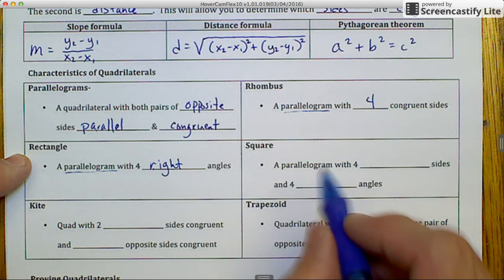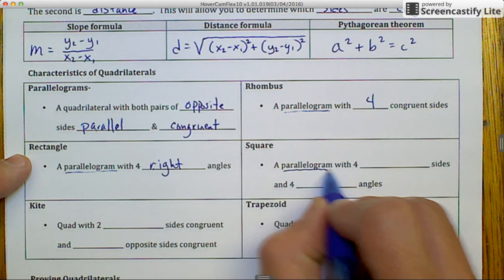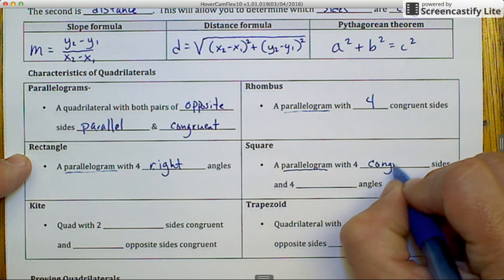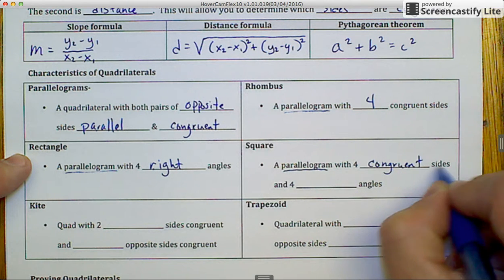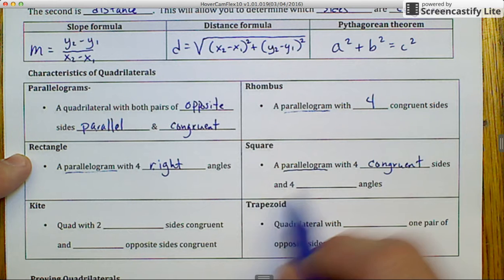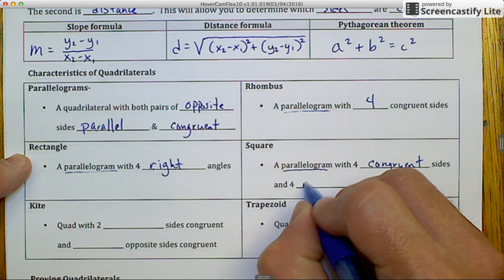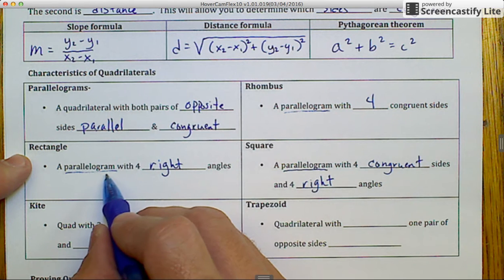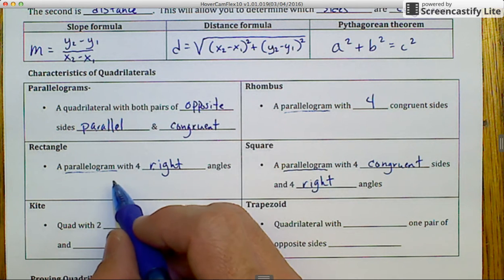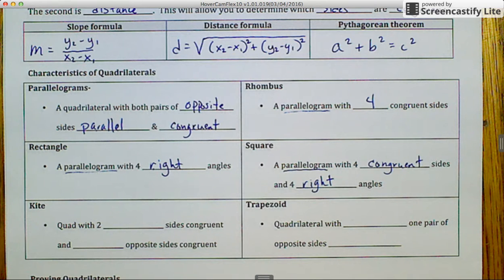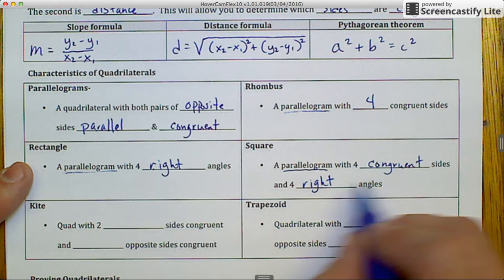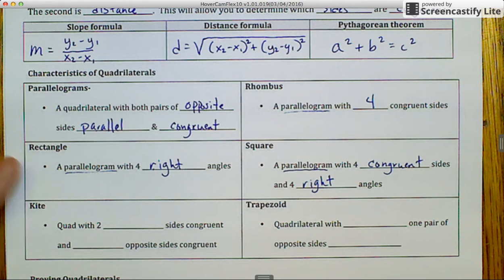A square is a parallelogram with 4 congruent sides, just like a rhombus, and 4 right angles, just like a rectangle. So now we have those pieces. 4 congruent sides, 4 right angles.